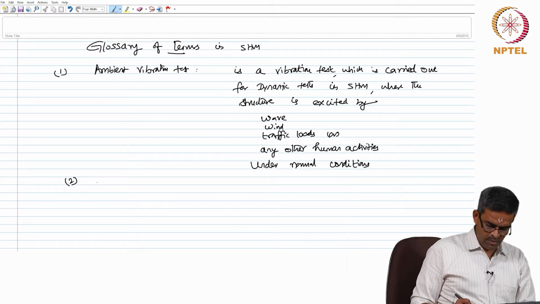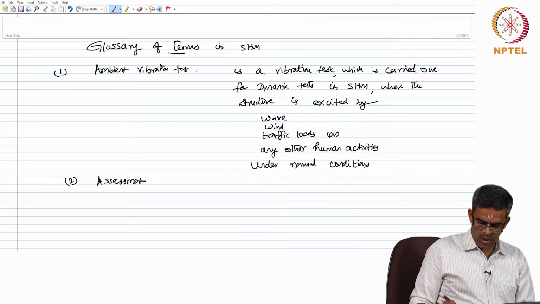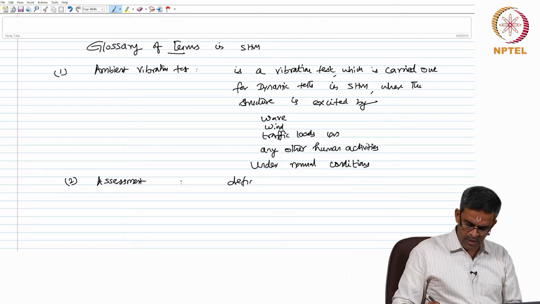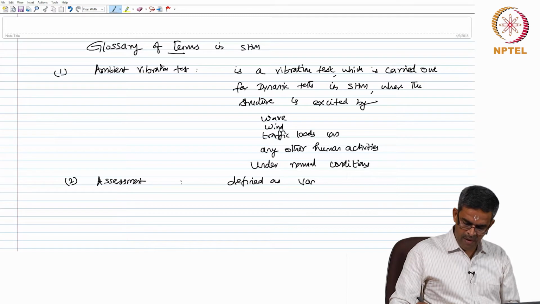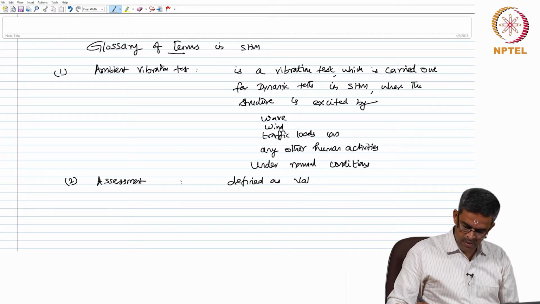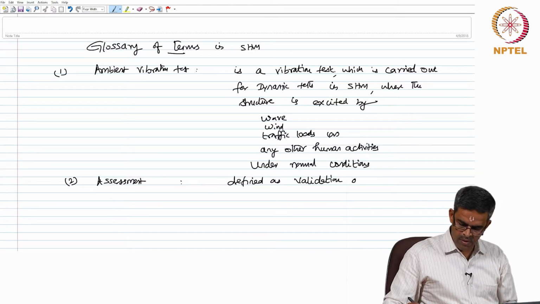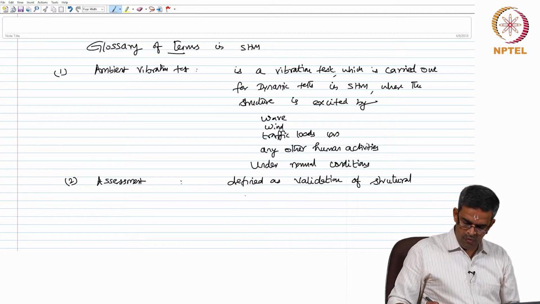The second term refers to assessment. Assessment is actually defined as a validation of structural conditions.